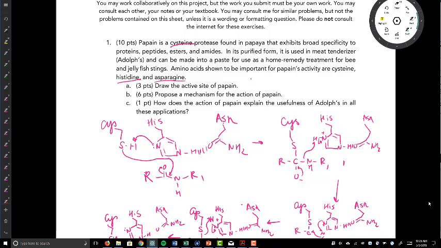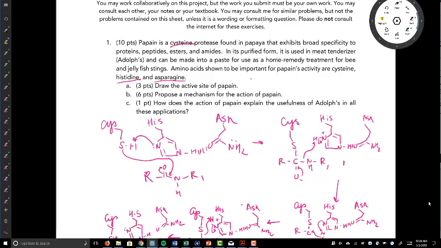And so what asparagine is going to do is it's going to act exactly like aspartate, except it's going to hydrogen bond with the general acid base catalysis of histidine, acting either through its double bonded O or through the lone pair electrons of nitrogen on the side chain. I would think it would happen through double bonded oxygen, but it could also make sense that the nitrogen could hydrogen bond, so I gave credit for either.